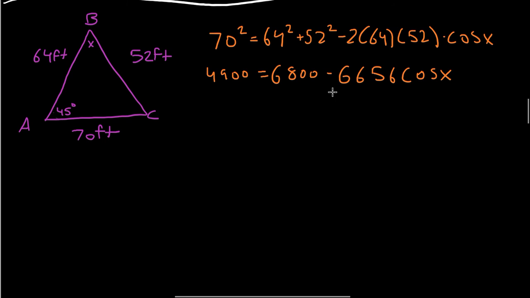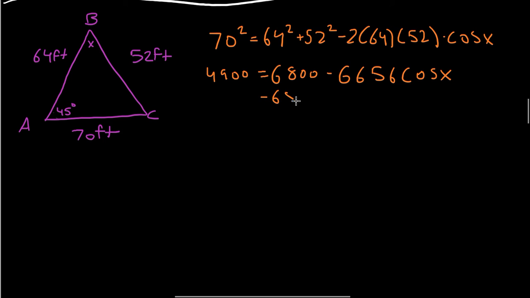And you can't subtract these two values together, because this second part is multiplying the cosine of x. So you can't just do 6,800 minus this and be left with cosine of x. It's not how it works, sadly. Nothing in math is simple.